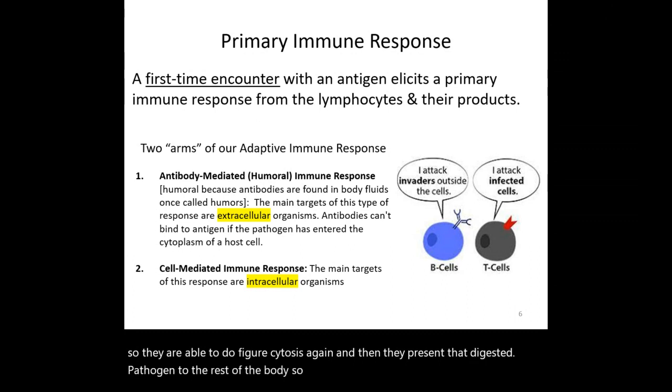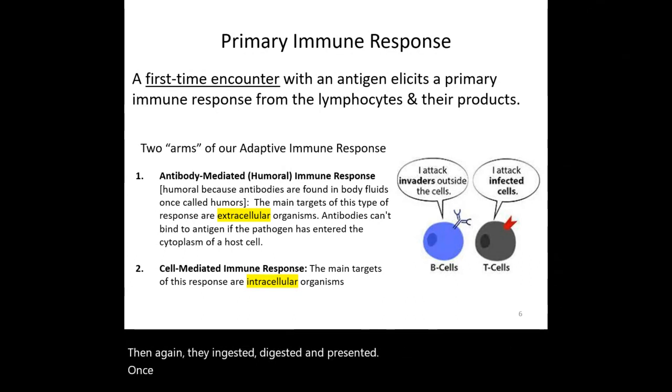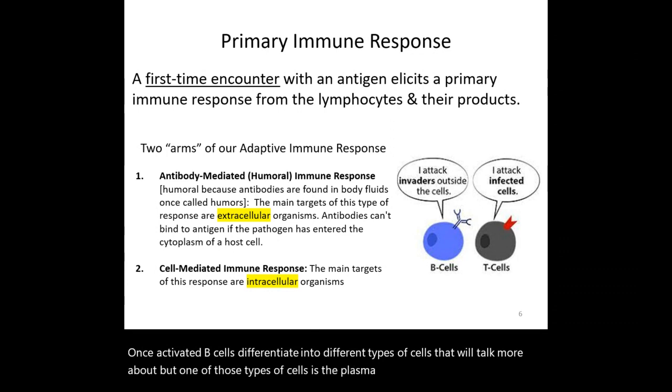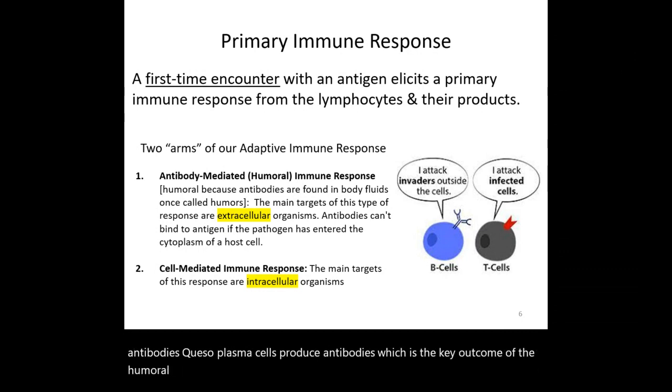So we say that B cells recognize intact pathogen. Again, they ingest it, digest it, and present it. Once activated, B cells differentiate into different types of cells that we'll talk more about, but one of those types of cells is the plasma cell, which mass produces antibodies. Plasma cells produce antibodies, which is the key outcome of the humoral immune response.